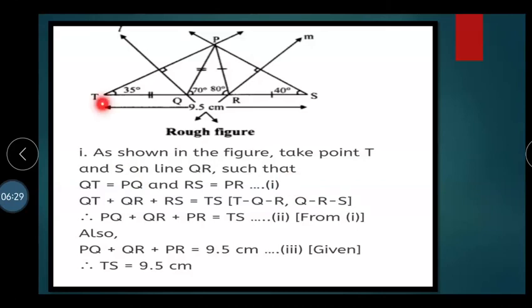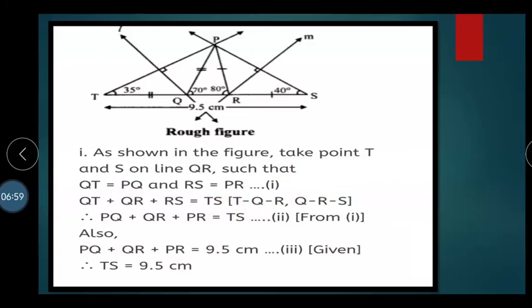Now how is TS forming, students? TS is formed by adding TQ + QR + RS. Therefore PQ + QR + PR = TS. This is equation 2, and we substitute these values from 1 as they are equal.